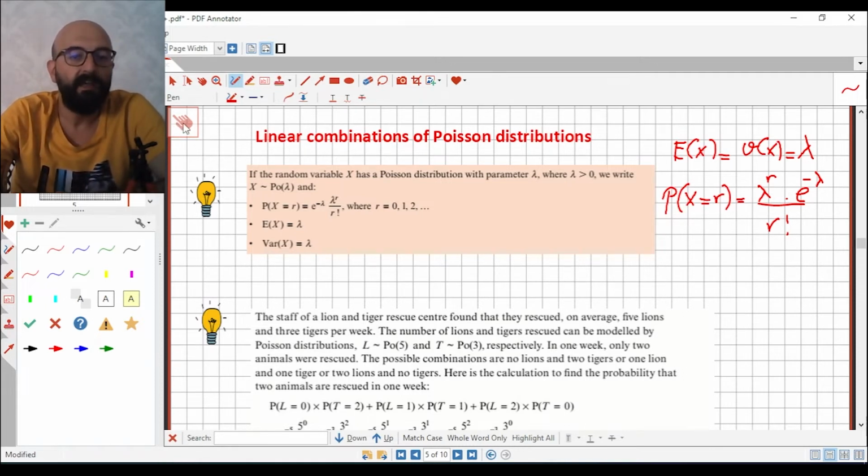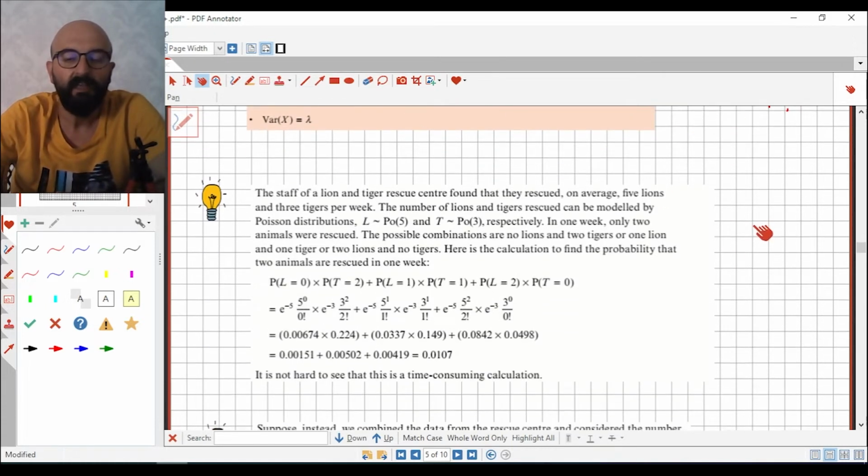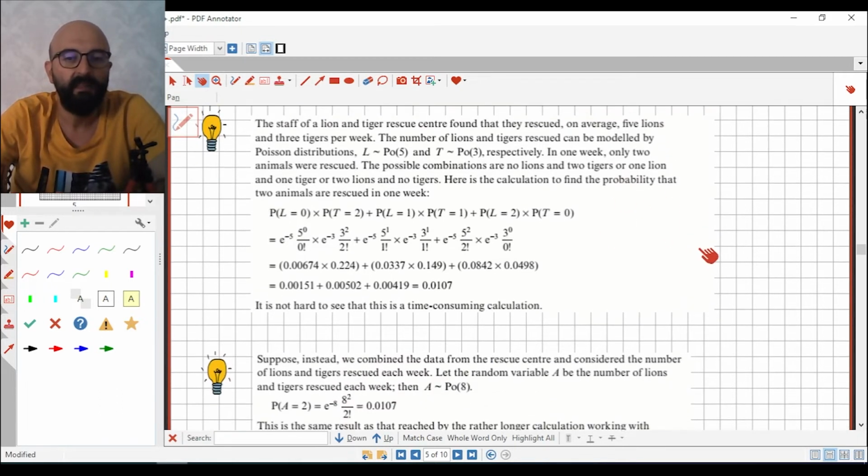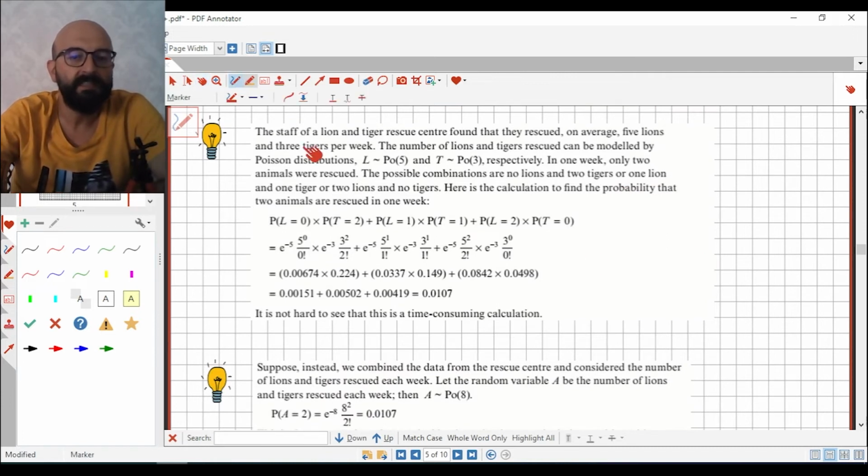But now we will learn about linear combinations and the Poisson distribution. What is their relationship? The staff of a lion and tiger rescue center found they rescued on average 5 lions and 3 tigers per week. The number of lions and tigers rescued can be modeled by a Poisson distribution.